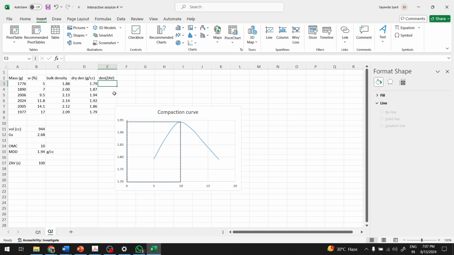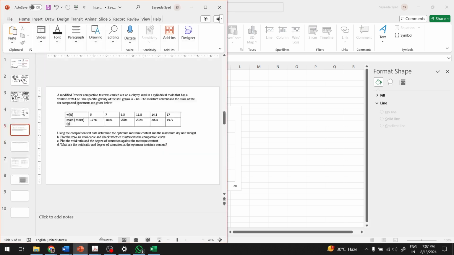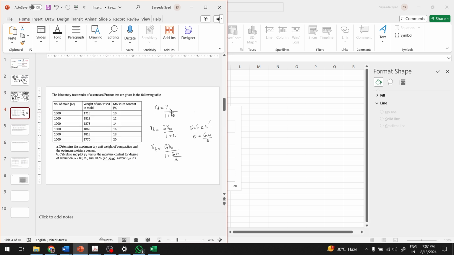Okay, this will be G_s into, one second, let me write gamma W here as 1, and let me show you again what I'm using. I'm using this equation, G gamma W over 1 plus G W over S.